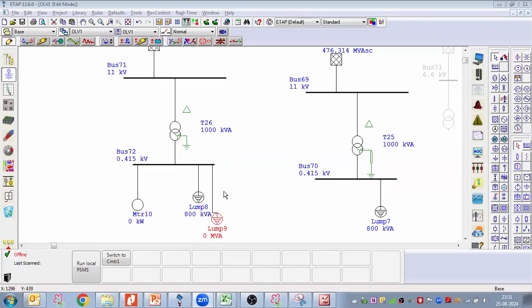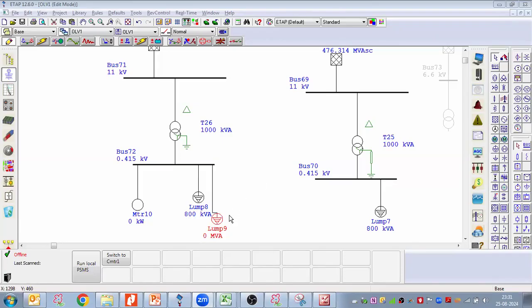By static equipment I mean heaters and lighting lamps; that kind of load you do not need to take. Also the MOV, the motorized operating valve, does not contribute to the fault.